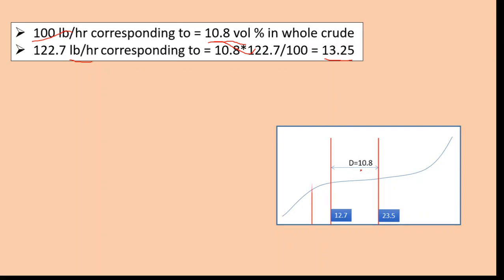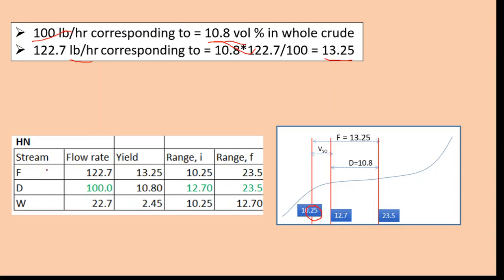Now we have to find out the F value, and if the F yield is 13.25, then we can find the volume percent of the initial range of feed. It is very easy, just 23.5 minus 13.25, that gives 10.25. So now in this way we have found everything. The feed range is 10.25 to 23.5, VSO is 10.25 to 12.7, and D, that is given, 12.7 to 23.5.